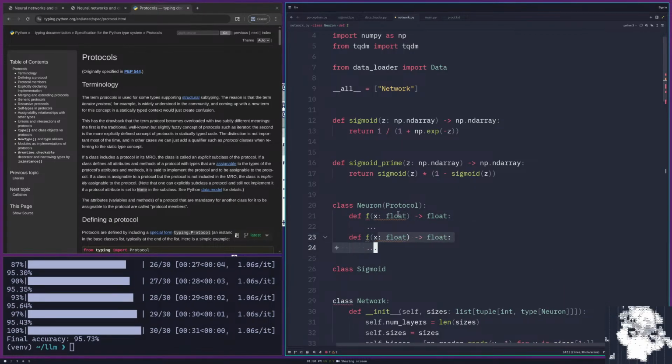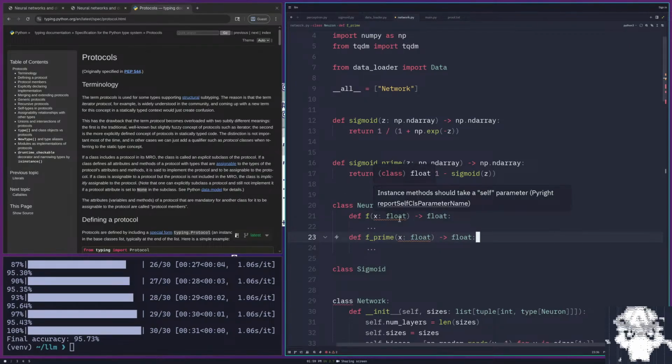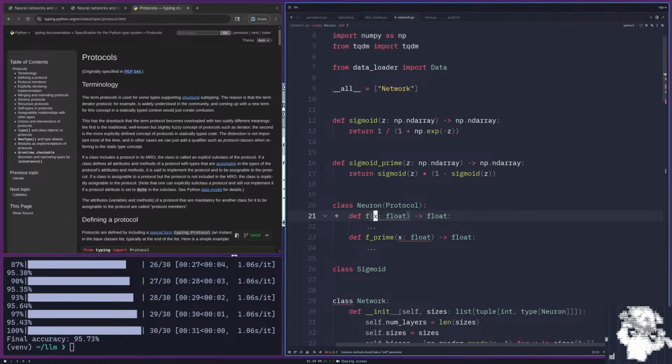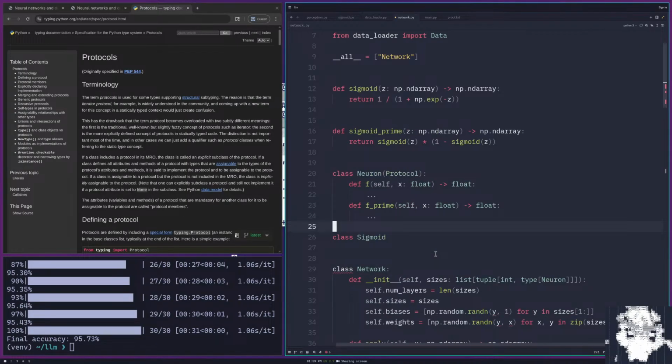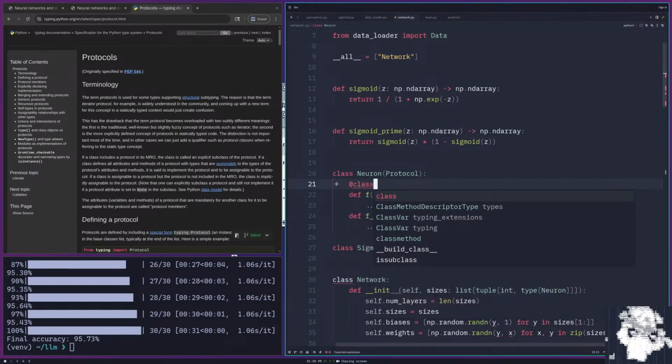And then, why doesn't it like that? Well, okay, and then f prime also. Instance method should take a self parameter. Fair. Though it doesn't actually, these will not be instance methods. These will just be class methods.